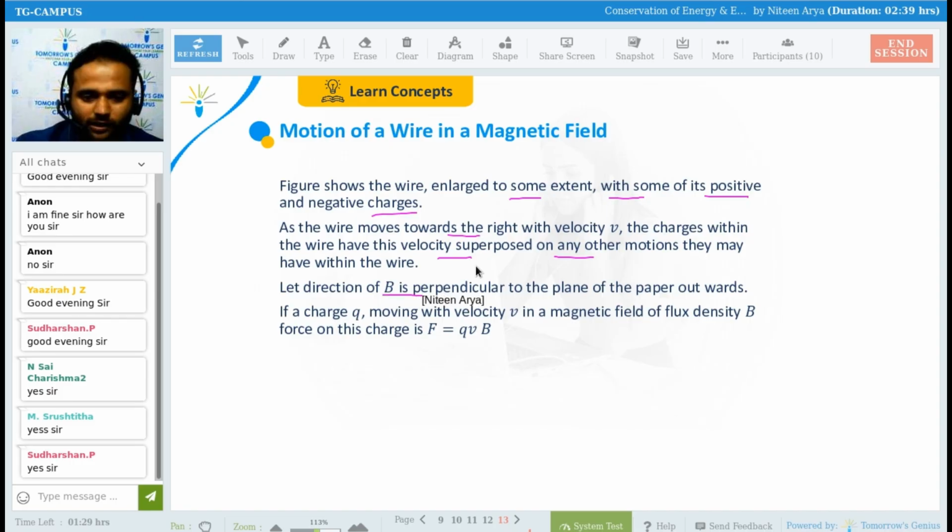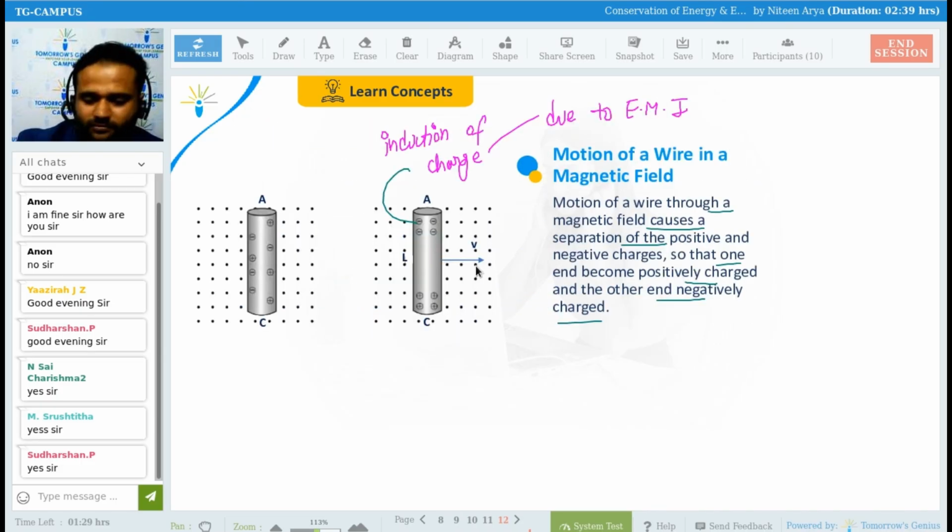Let the direction of B be perpendicular to the plane, out of the plane of paper. If a charge Q moves with some velocity V in a magnetic flux density B, the force on it is F equals QVB. We already understood this. So let's quickly do this.